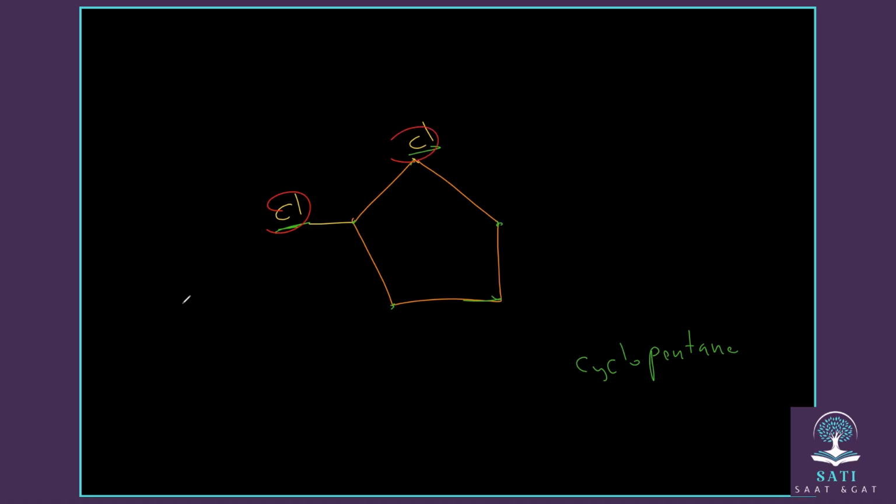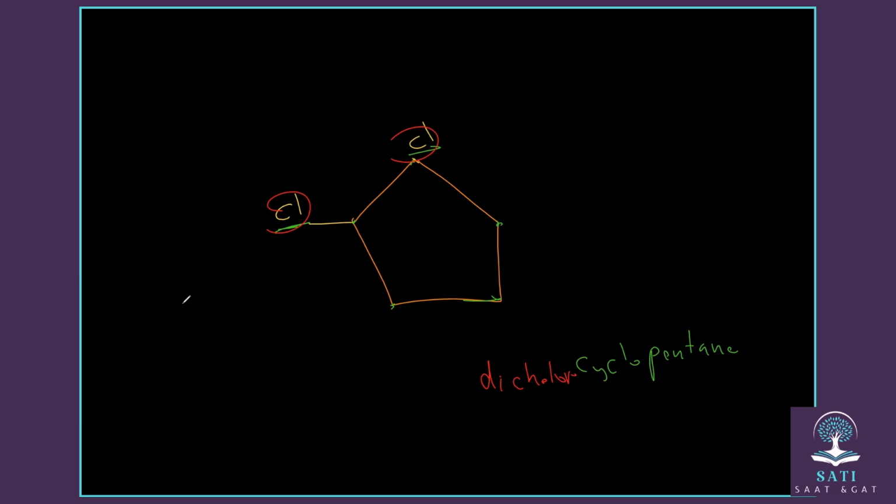How many chloro? 2 of them. If there are 2 chloro, we call them dichloro. So we write here dichlorocyclopentane.